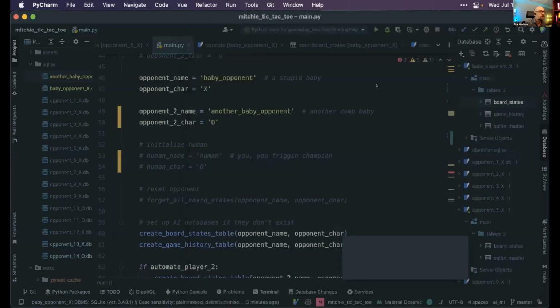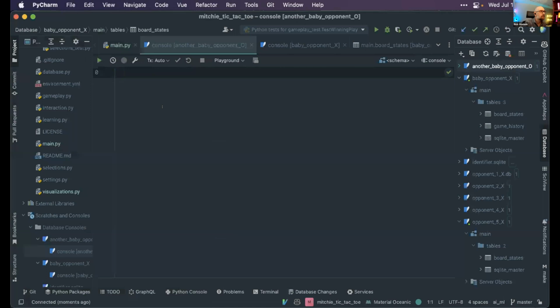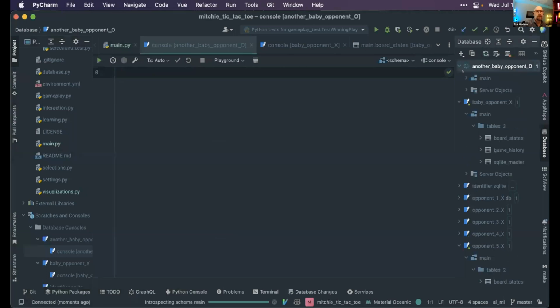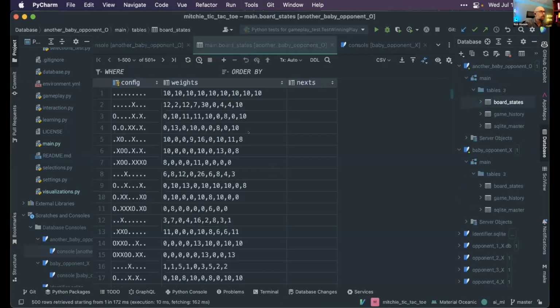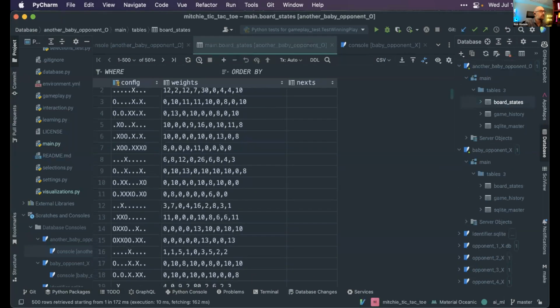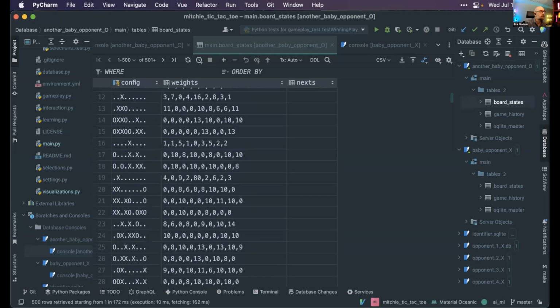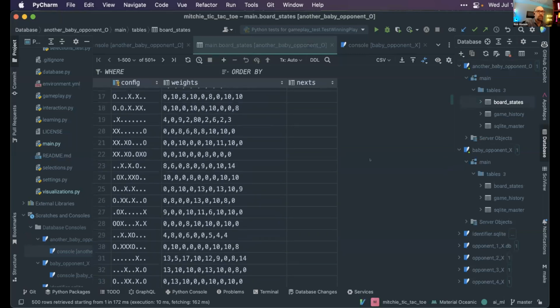So, yeah, I just recorded this data over time from this other baby. Look at his board states. He never plays first, so he still always has 10s in here, but he does play second and third and things like that. So that's the basics of implementing Michie's Menace.